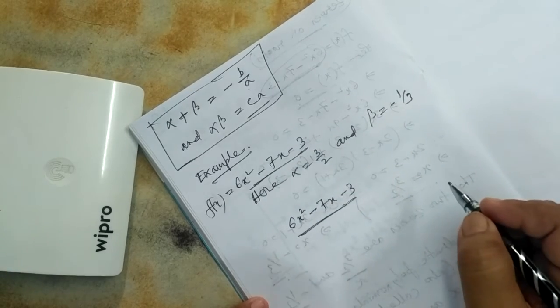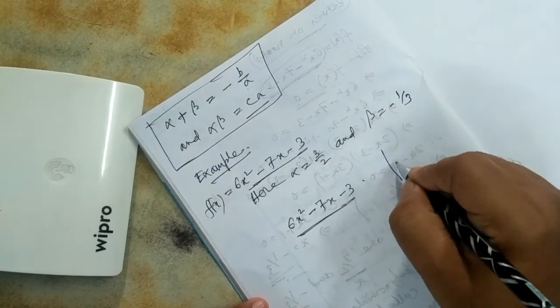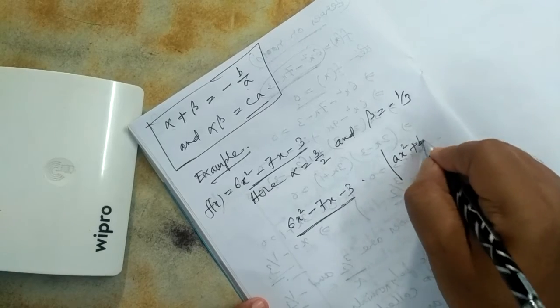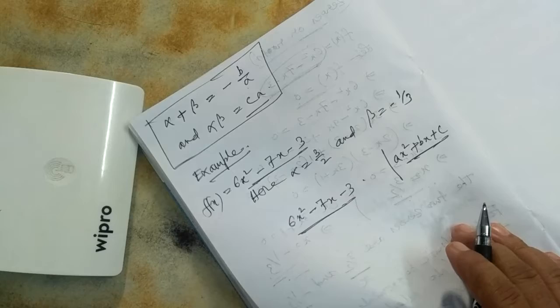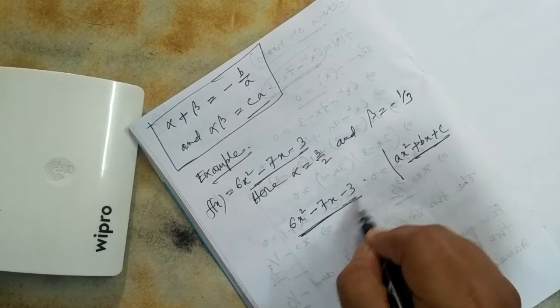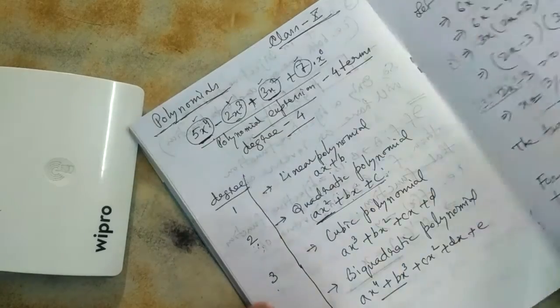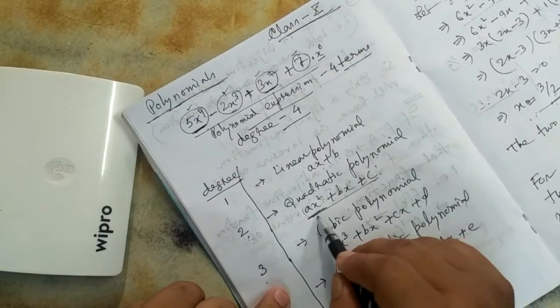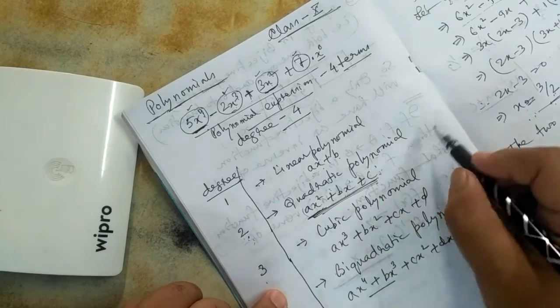This was the expression, and compare it with the standard expression ax² + bx + c. This is the standard expression of a quadratic polynomial, because the degree is 2. The general expression of a quadratic polynomial, as I have already discussed, is ax² + bx + c.